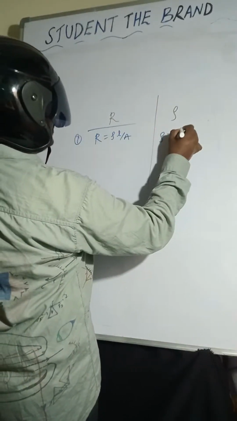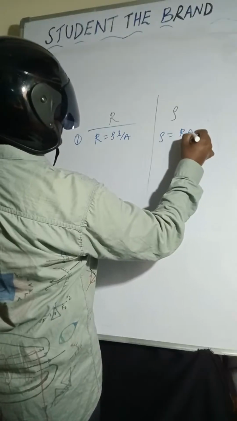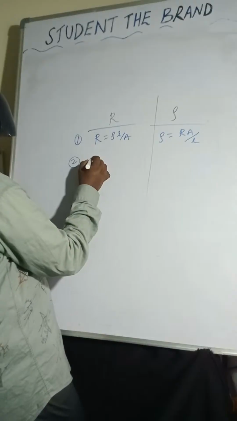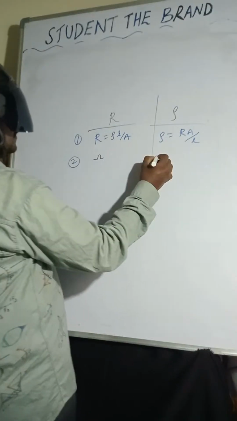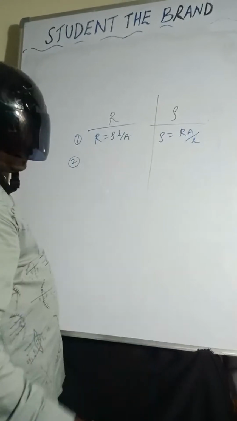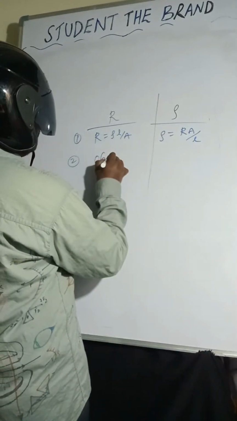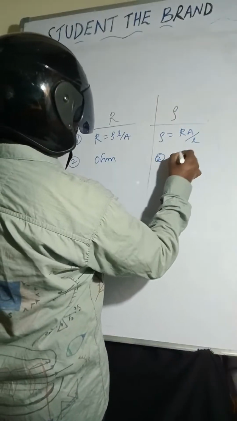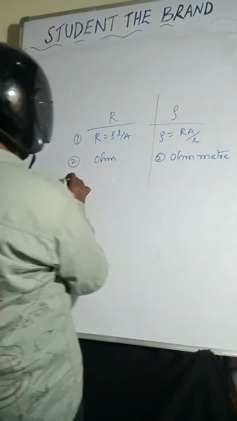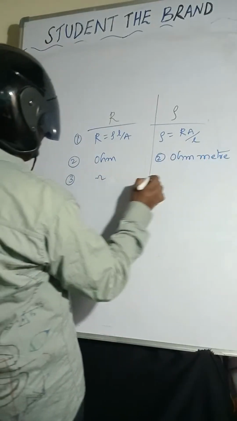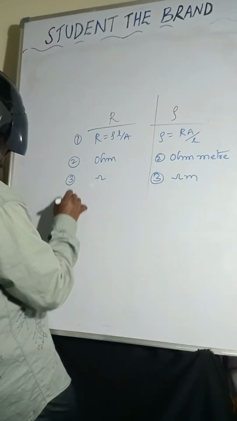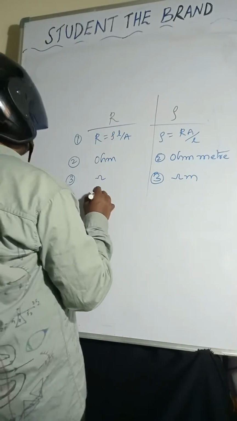Rho equal to RA by L. Coming to the second one, the SI unit of resistance is ohm, and resistivity is ohm meter. Here the third one is the symbol, ohm meter.